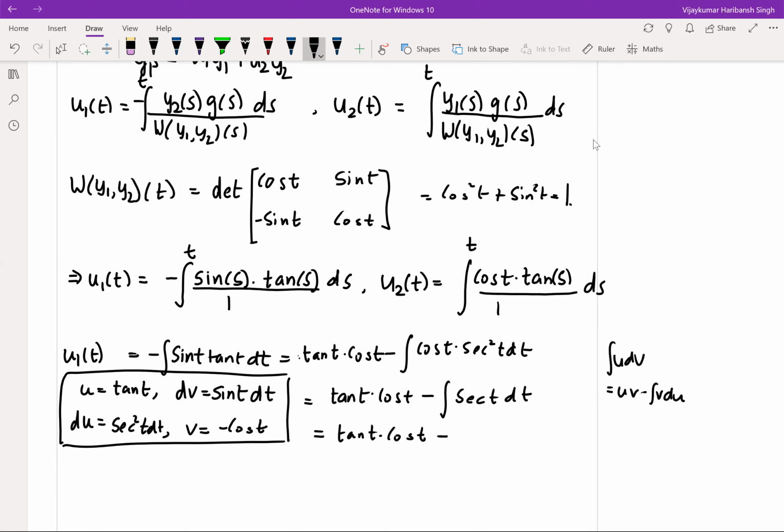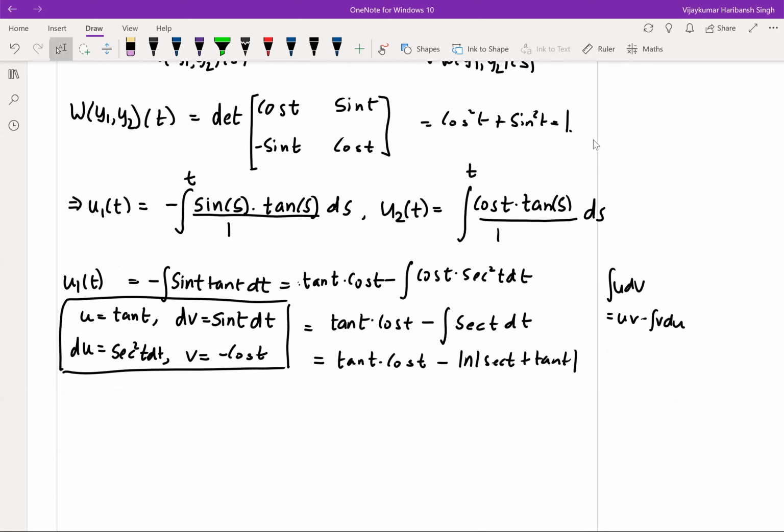What is the integral of secant t? The integral of secant t is ln of secant t plus tan t. So this is your u1. When you multiply this, you can see that sine over cos times cos will cancel. So you get u1 equals sine t minus ln of secant t plus tan t.